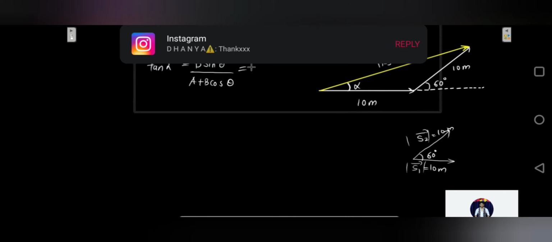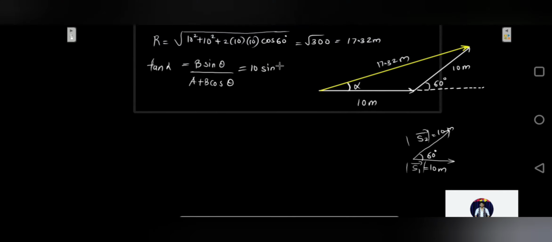Substitute 10 into sine of 60 divided by 10 plus 10 into cos of 60. Once you solve this, this value comes as 1 upon root 3. So alpha is tan inverse of 1 upon root 3. The angle which gives us the 1 upon root 3 value is 30 degrees. So the grandson ran at an angle of 30 degrees due north of east, you can say.